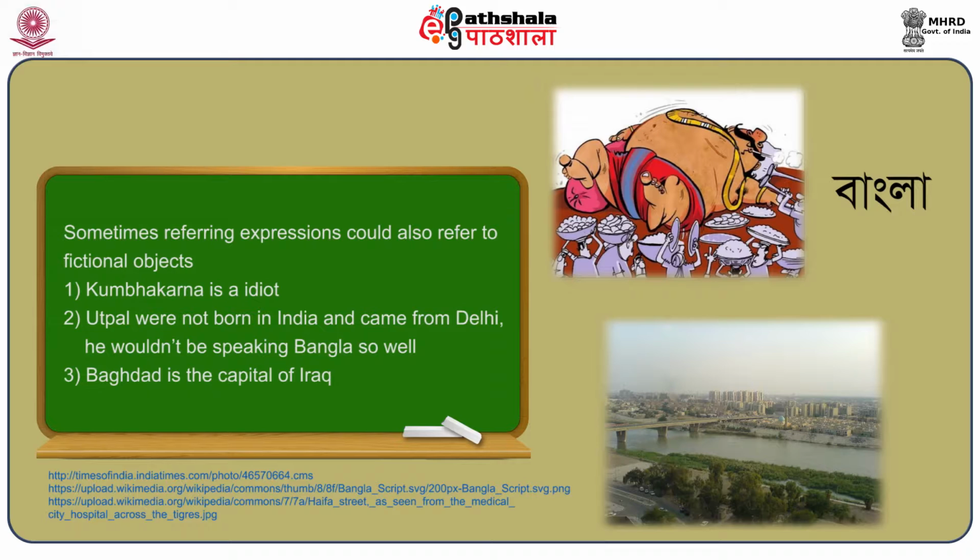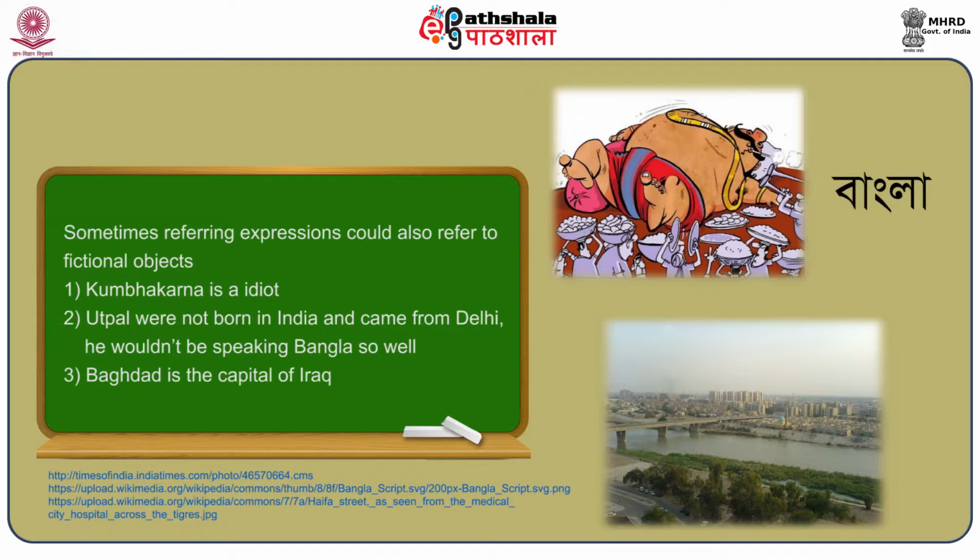Now, while we can take referring expressions to refer to things, they raise various philosophical puzzles, even in very simple cases. So, suppose I say there is a person called Utpal who's lecturing to you right now, and suppose I say if Utpal were not born in India and did not come from Delhi, he wouldn't be speaking Bangla so well.